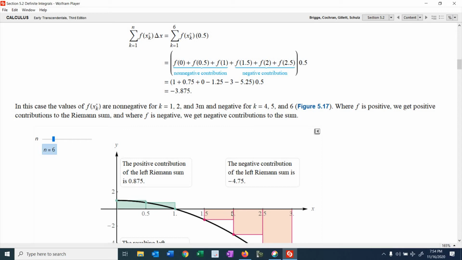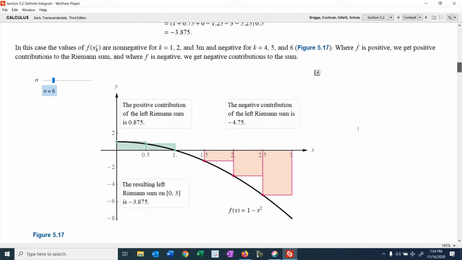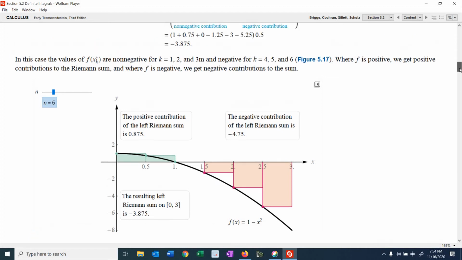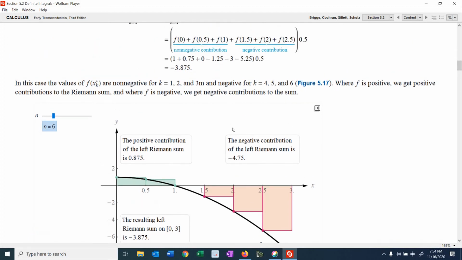But now notice when you get to this subinterval, the left endpoint is 1.5, and when you plug that into the function, you actually get a negative number. You get 1 minus 1.5 squared, which is negative 1.25. That's because this is below the x-axis. That's what's going to happen when the function goes below the x-axis: you get a negative contribution for the quote-unquote area of this rectangle.